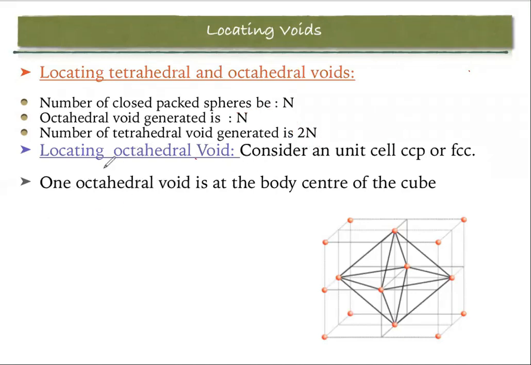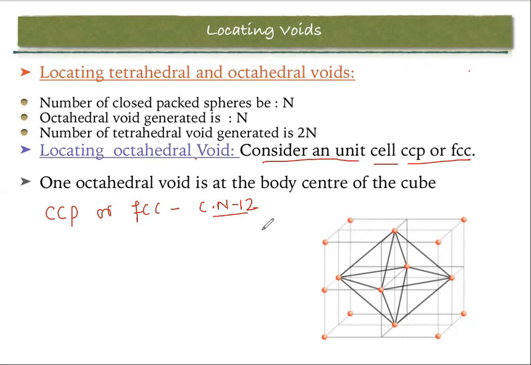If we look at this example, first we'll locate octahedral voids. So consider a unit cell of CCP or FCC. As we have discussed, in CCP or FCC the coordination number is 12. Now we have to locate the octahedral void first.